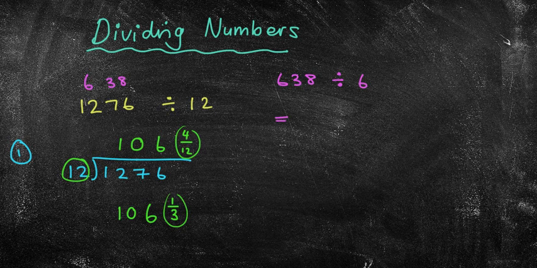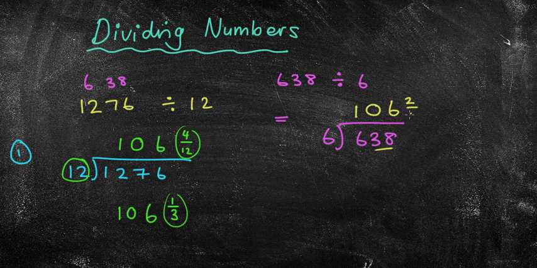Now let's see if that works the same way. 6 goes into 6 once, same over here. 6 goes into 3 0 times, same as over here. 6 goes into 38, well, 6 times, with how many left over do you think? Well, 6 6s are 36, so 2 left over.